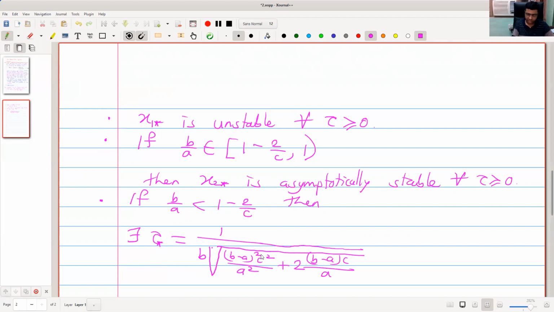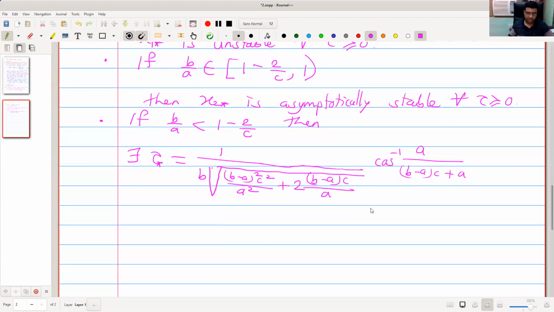(b minus a) square c square by a square plus 2 times (b minus a) c by a, into cos inverse of a divided by ((b minus a) into c plus a).